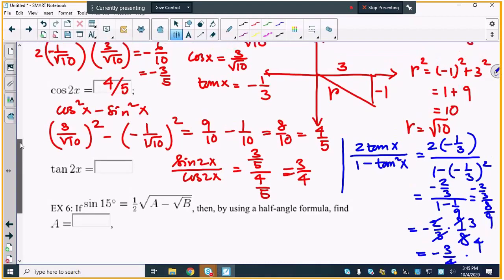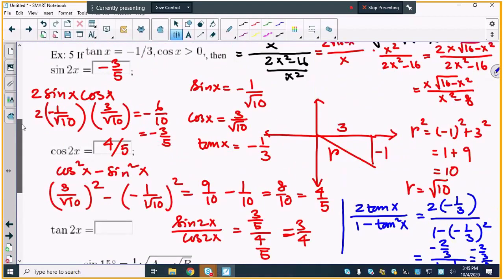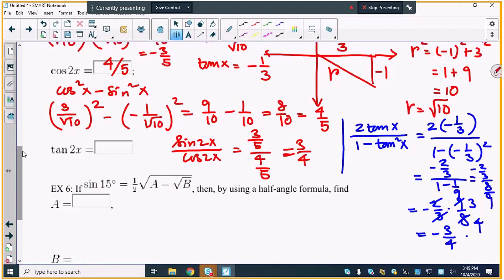Oh, actually, if you remember, sine was negative 3 over 5, and I forgot that when I was doing the ratio, so that should be a negative here. So my answer should be a negative 3 over 4. I mean, if you want to do it one more step, then this is the reciprocal, which is negative 3 over 4. So tangent 2x is negative 3 over 4.